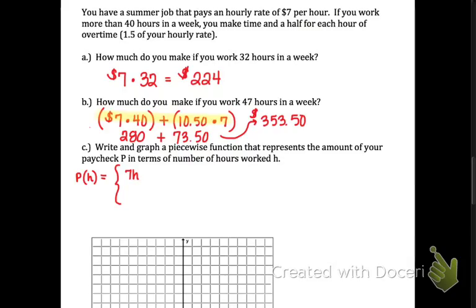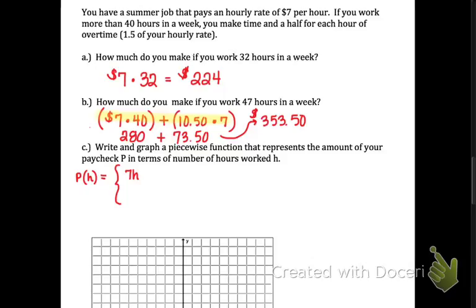So I know that I get paid $7 for the number of hours I worked. But if you go back to example B, you'll notice that in that example, if I just used H, H would be 47. But nowhere in that expression did we plug in the number 47.